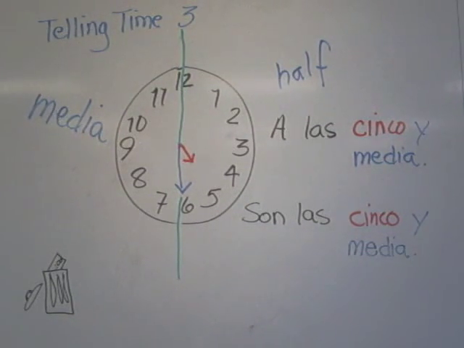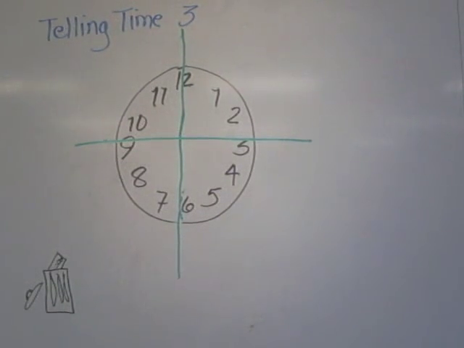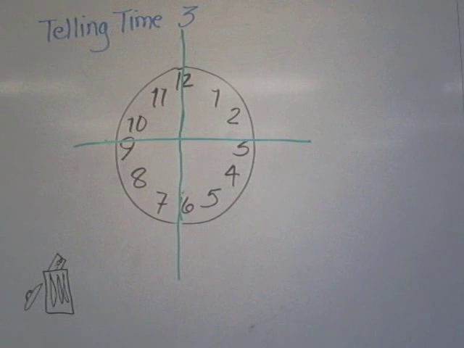But wait a minute. What about if it isn't exactly at 5:30? We can divide the hour into half, and then we can divide the half hour in half.